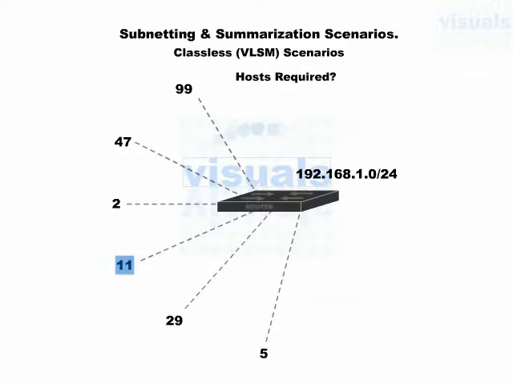Let's move further. It is 5. Now what is the best block size to apply here? Actually it is 128, 192, 224, 240 and 248. So the 248 subnet mask gives the block size of 8. 8 minus 2, 6. I think it is the best suitable subnet for this network. After that, 2.